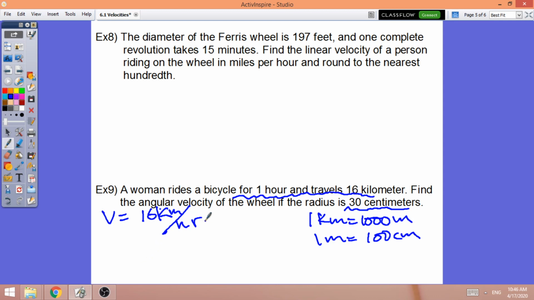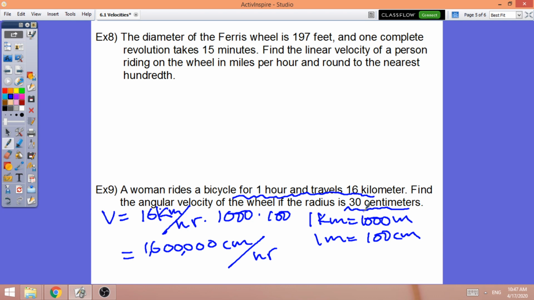So basically we need to multiply this one by 1,000 and then 100. So we do have 1,600,000 centimeters per hour. That's the unit we need to convert first.